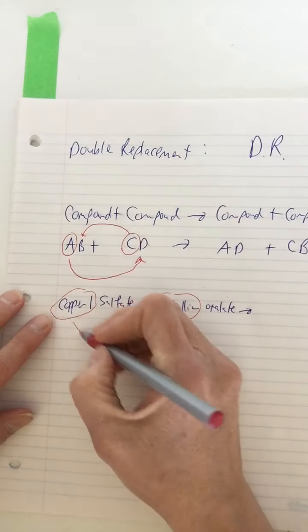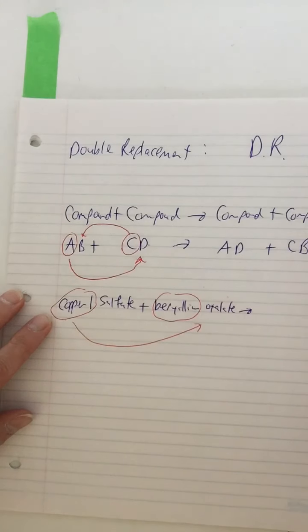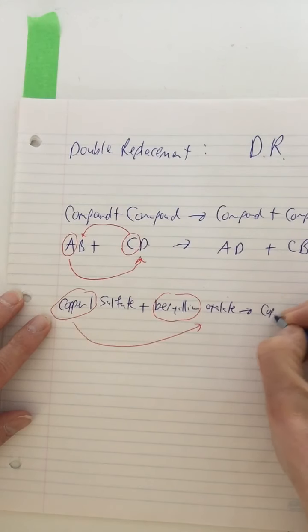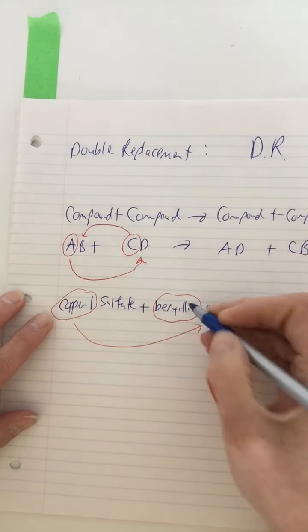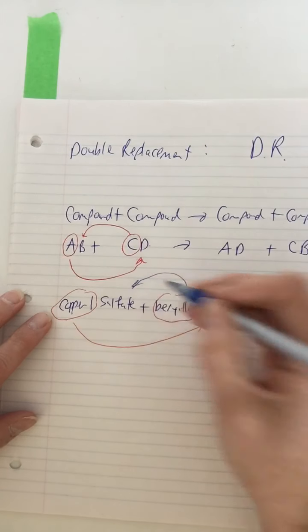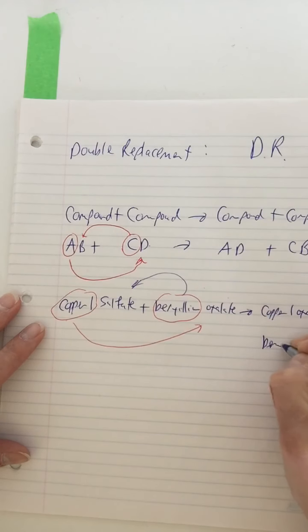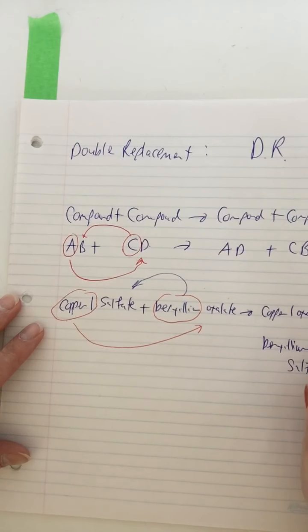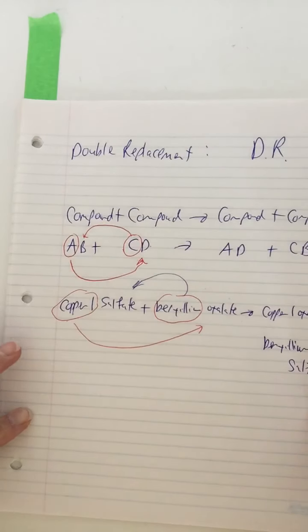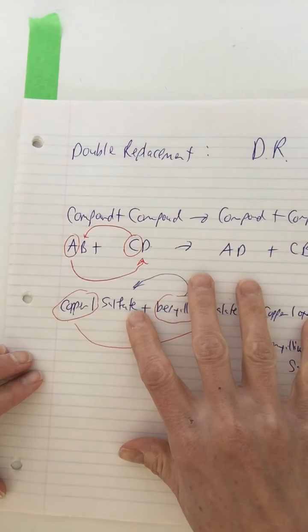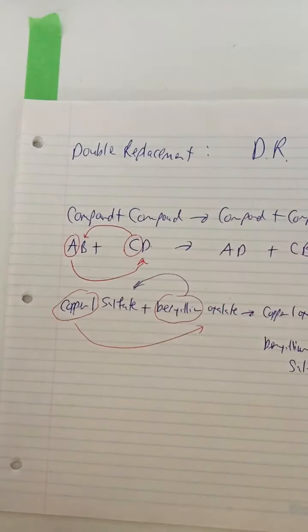So you can see copper 1 is going with oxalate, plus, I'm not going to have enough room here, beryllium goes with sulfate. Okay? So all you've had is the switch. And you can do these out in chemical form, but I think that we'll get some practice on that on the worksheet. So for now, this is how it's explained on the PowerPoint.